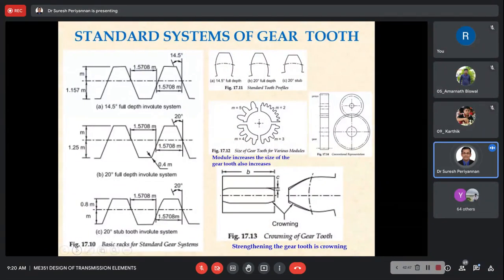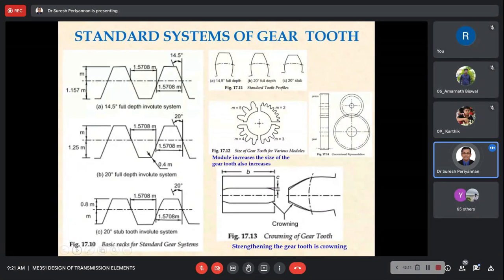The first reason: the involute profile satisfies the fundamental law of gearing. Obviously, the involute profile always satisfies the fundamental law of gearing. Second, involute gears of given module and pressure angle are completely interchangeable with respect to each tooth.